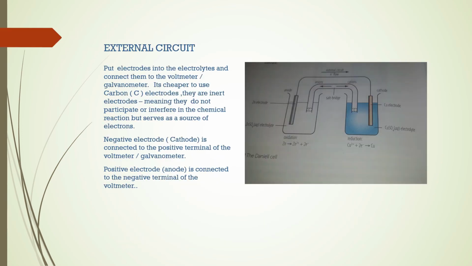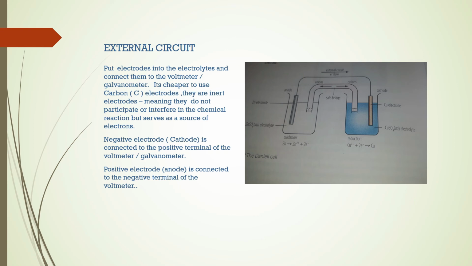Then with the external circuit, put electrodes into the electrolytes and connect them to the voltmeter or galvanometer. It's cheaper to use carbon electrodes. They are inert electrodes, meaning they do not participate or interfere in the chemical reaction, but serve as a source of electrons.